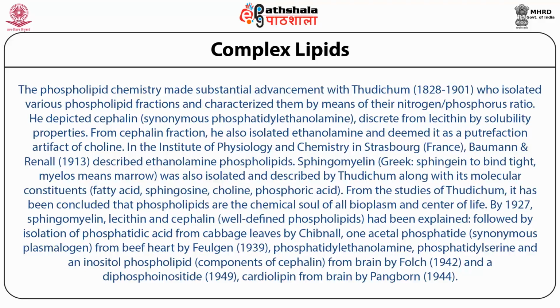Phosphatidylethanolamine, phosphatidylserine, and inositol phospholipids from brain by Folch in 1942 and diphosphoinositide in 1949. Similarly, cardiolipin from brain was described by Pangborn in 1944.